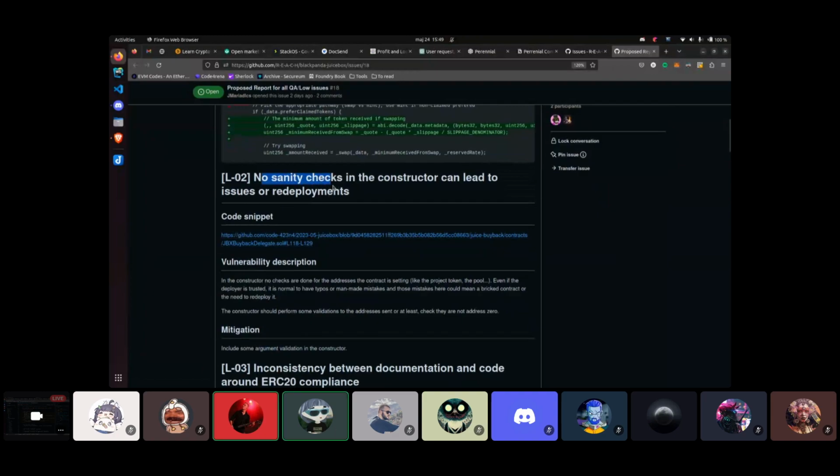Okay, as always, they are not checking for the zero address, which is a bummer because taint analysis should always be done. Taint analysis is verifying that you treat all your data as tainted, and then you use what are called sinks, where you conditionally check if those values are in the range that you expect.